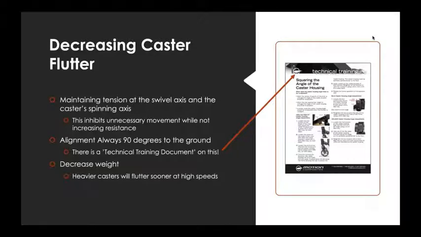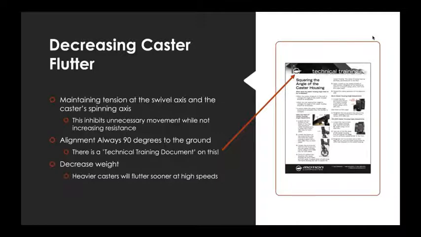We do have, though, one of the things on caster flutter, there's a couple ways you can help prevent it. Our folding chairs have an anti-flutter caster housing, and that is actually one of the handouts that you have. And also, we have this technical training document that goes through the different types of caster housings we have and how to square that caster to 90 degrees to the ground, because that's also an important part of eliminating or limiting caster flutter.